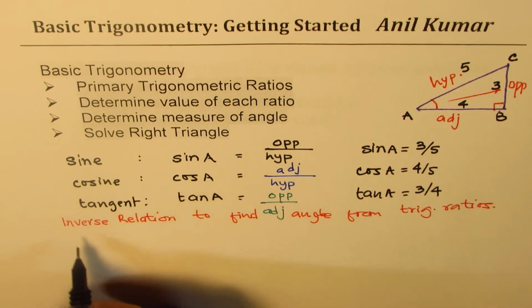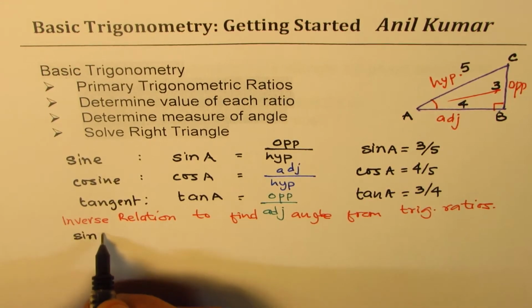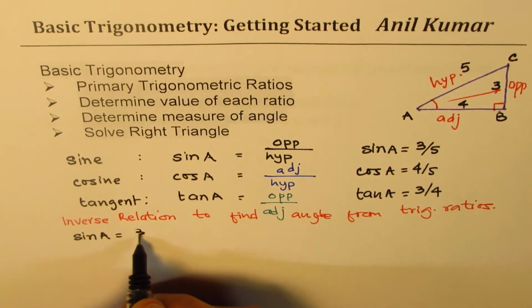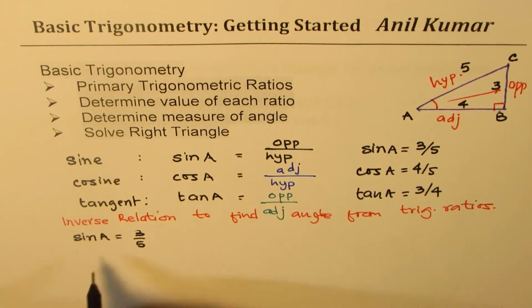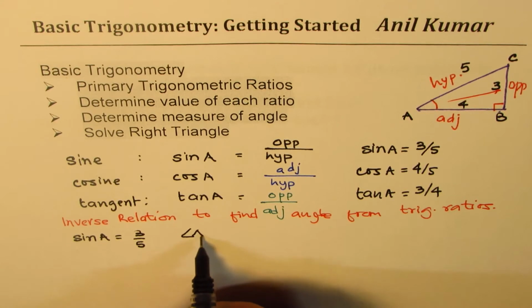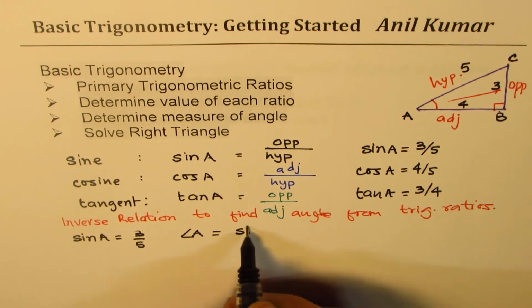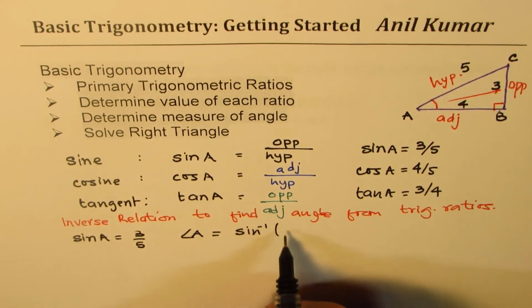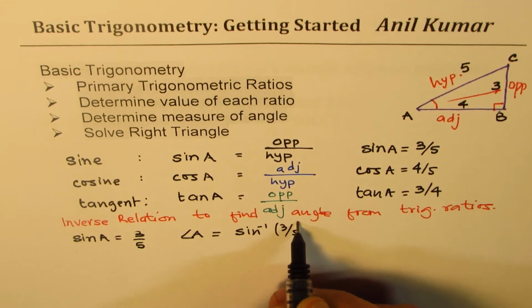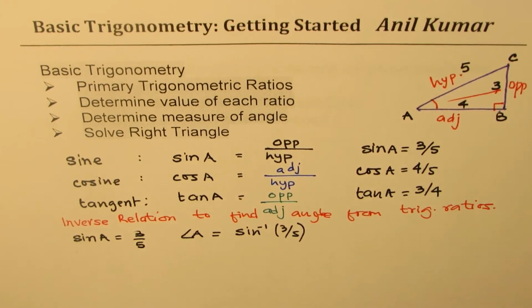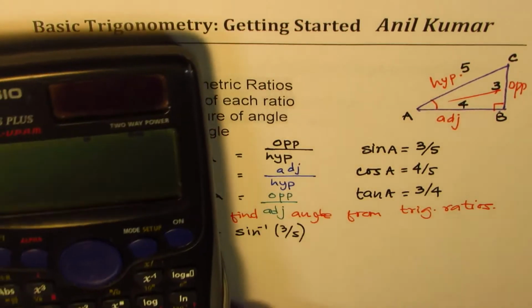So in this triangle, we know sine A is equal to 3 over 5. Then we can say that the angle A is equal to sine inverse of 3 over 5. Correct? Using a calculator, we can find this angle. Let me show you how.